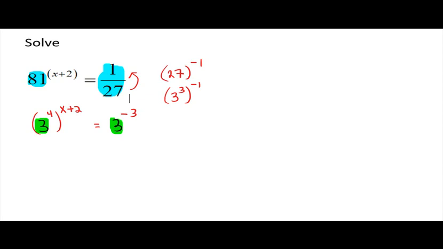When I multiply 4 times x and then 4 times 2, I'm going to end up with 4x plus 8 equals negative 3. Then we just solve for x. So 4x is going to equal negative 3 minus 8 on both sides, negative 11. So x is going to equal negative 11 over 4.